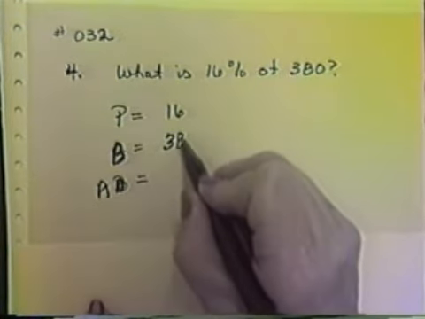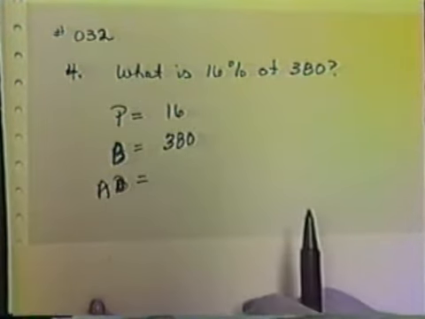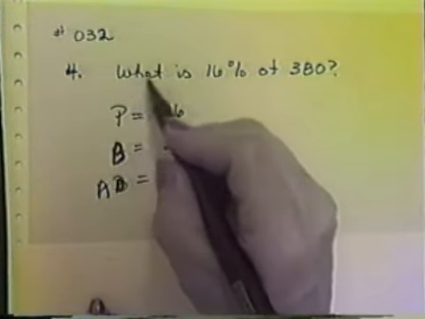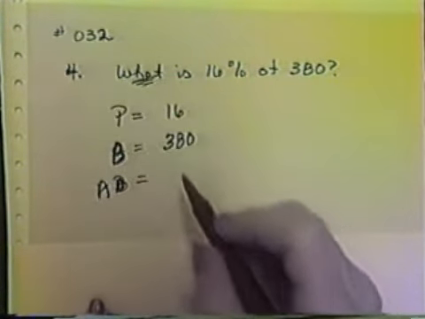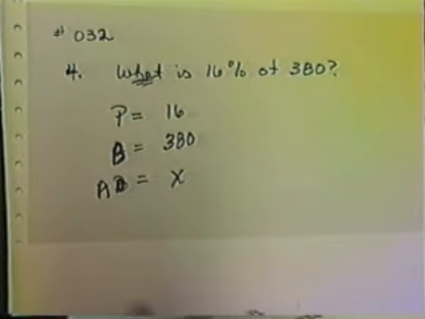So 380 must be my base. And the amount then is what I'm looking for. It's usually by itself, and that's what I'm looking for, so it must be x. So 16% of 380: the percent is 16, the base is 380, the amount is x.